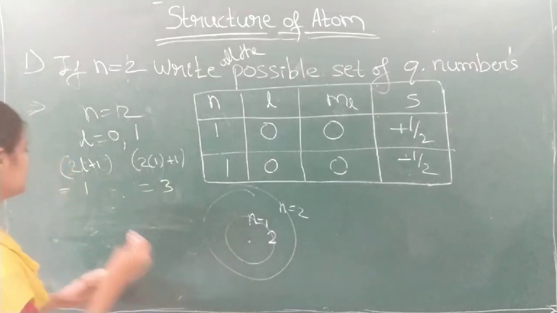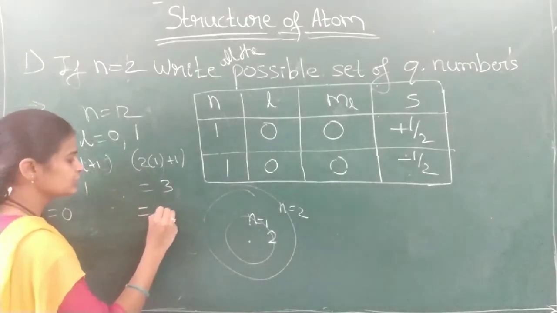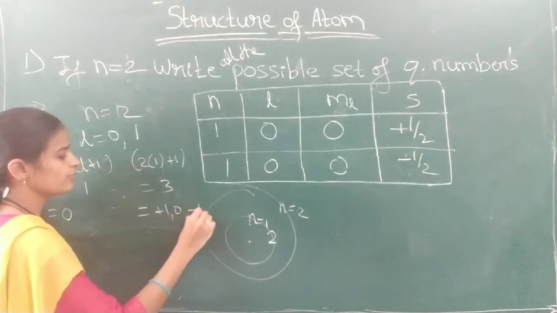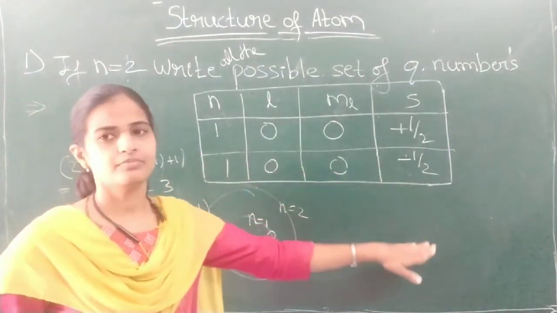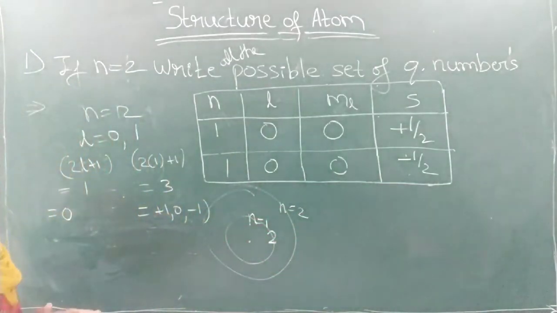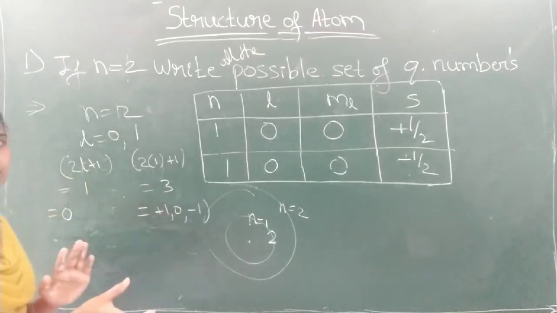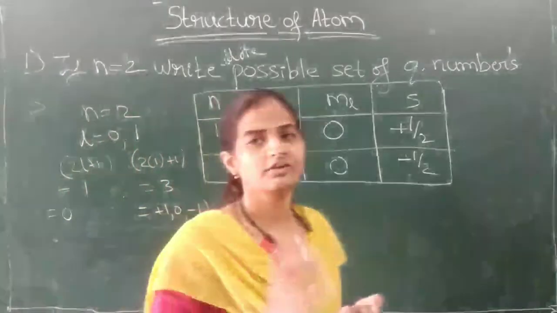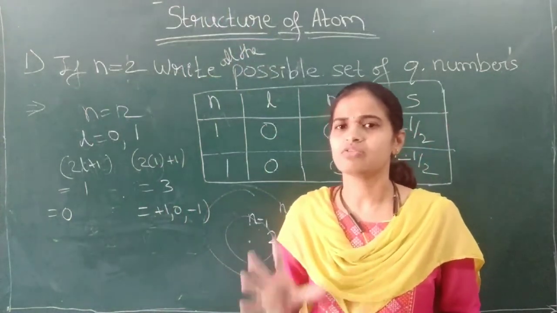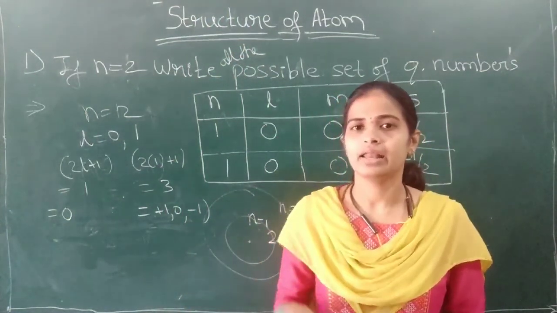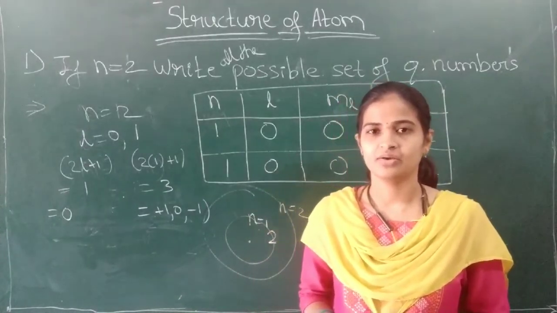Magnetic quantum number value 1 means 0. Magnetic quantum number value 3 means plus 1, 0, minus 1. Got it? And spin quantum number plus half, minus half. Now you have to match each and every value, and you have to write a set of values of quantum numbers for 8 electrons. You try this. Got it?